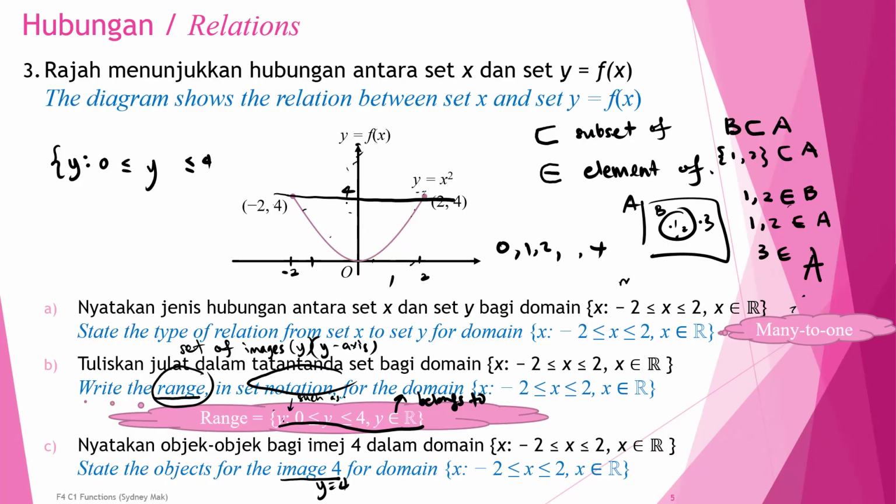So what is your x value when y equals to 4? Is there any point of intersection between the straight line and the curve?